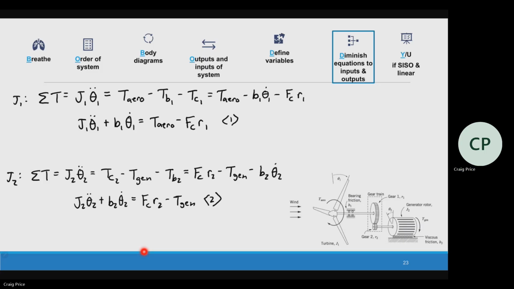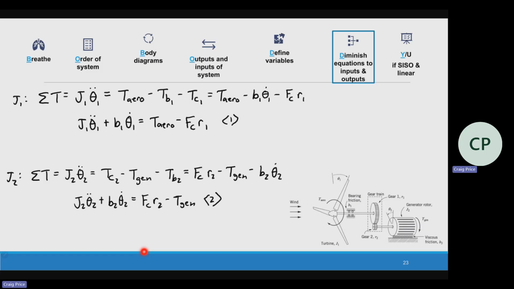So I can actually change the goalpost, like what's our output? If you're looking at wind turbines, do we care about exactly what the angle is, or is it easier to treat it by looking at what the velocity is at any point in time? That's something we could look at.